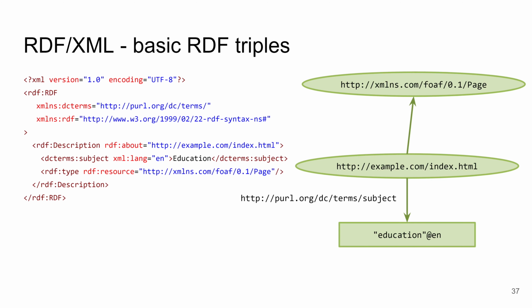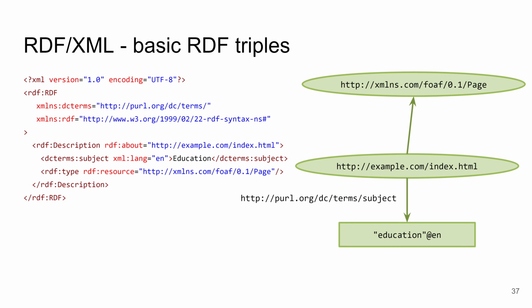So this is how an RDF XML document looks like, and this is one triple. There is the usual XML prologue, and then there is the RDF root element. There is definition of namespaces. Those are XML namespaces. However, they mean the same as RDF prefixes, and they are used as RDF prefixes throughout the document.